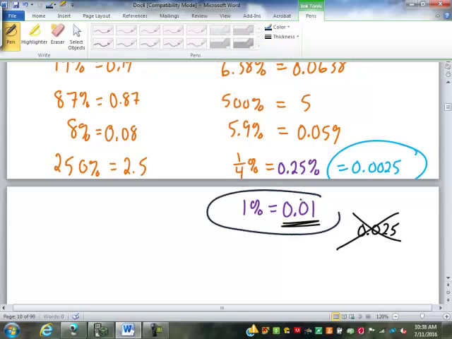This is what I call benchmarks. And when I work with percents, I use a lot of benchmarks. In fact, when I do any of my calculations, I use benchmarks. I know just by looking at it that it has to be bigger or smaller than certain things, so if I get an answer that's different from what I expect, I'm going to double check it.